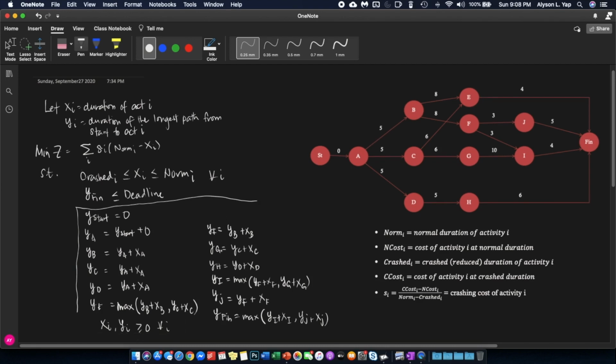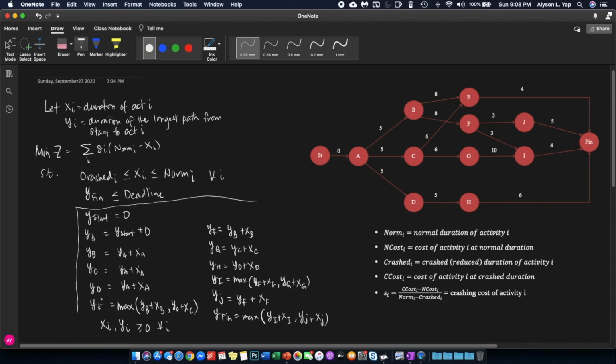Nodes F, G, and H will also have equality constraints here because if you look at nodes F, G, and H, they all have a single inbound arc coming from B, C, and D. That is why you have these constraints.